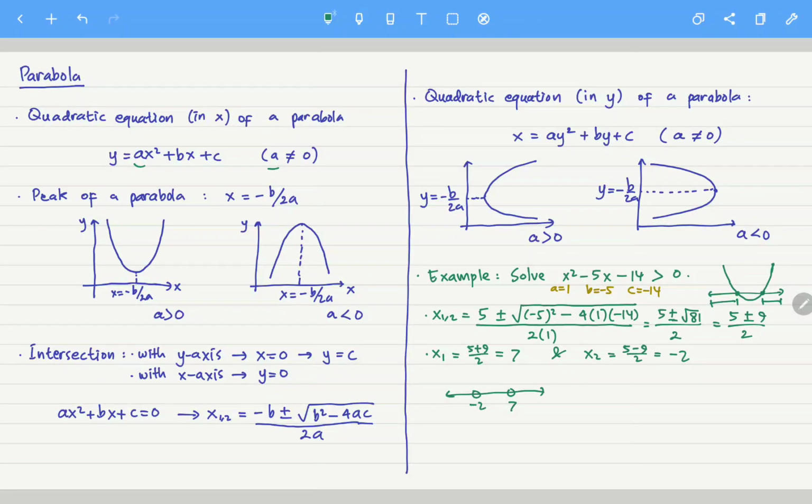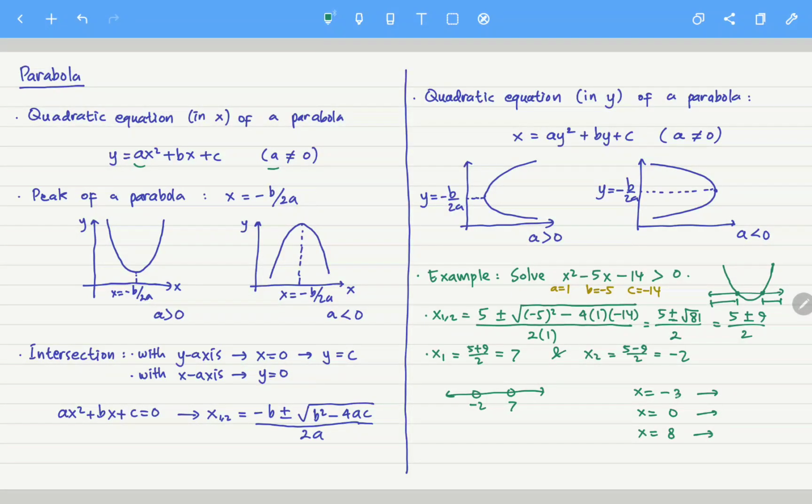And then you can check, let's say we check x equals -3 for the first interval, x equals 0 for the second interval, and x equals 8 for the third interval.